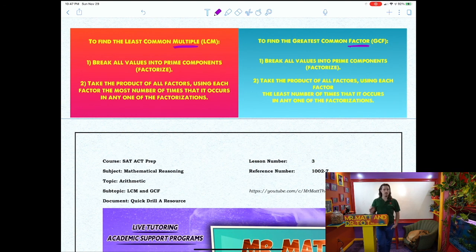You end up taking the product of all of those values. For the LCM, you take each factor the most number of times and multiply them all together. For the GCF, you take each factor the least number of times it occurs in any one factorization. Not overall, but in any one of the factorizations, each of the values that you factorized.